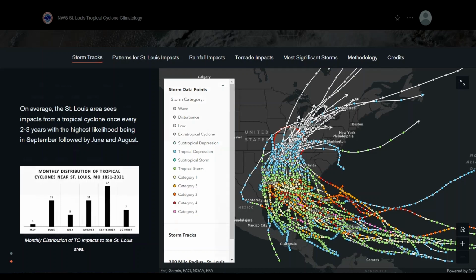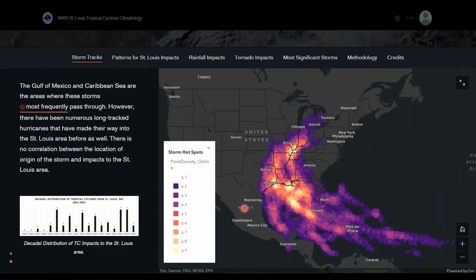Getting into how we wanted to identify some of the hot spots that these tracks follow, we can see that the majority of the tracks, whether they form in the Atlantic or further west, usually track through the Gulf of Mexico before they reach St. Louis, with the primary hotspots being definitely in the Houston and New Orleans area.